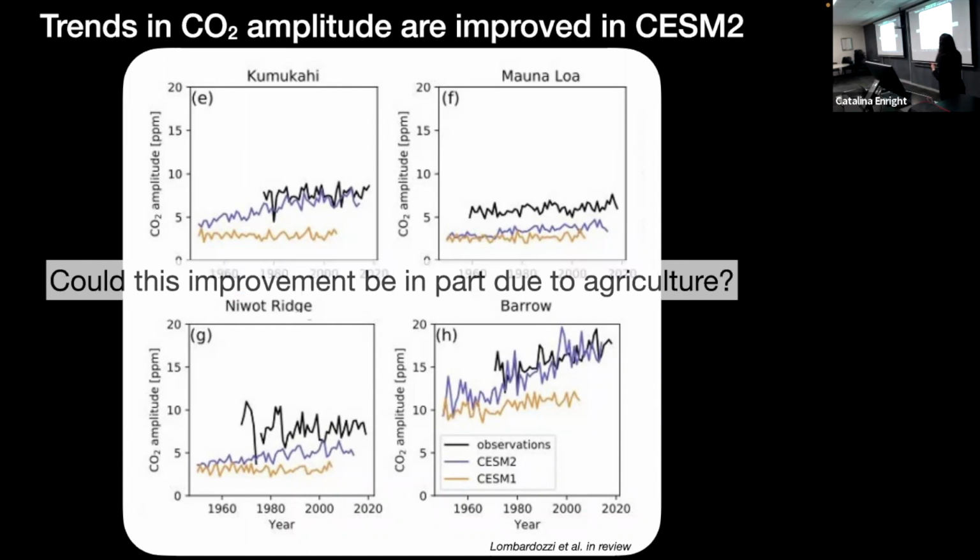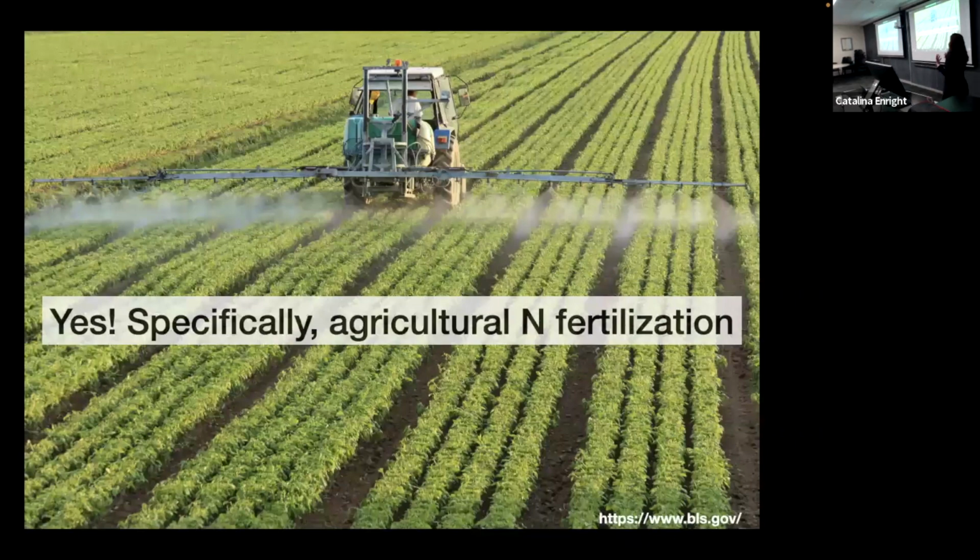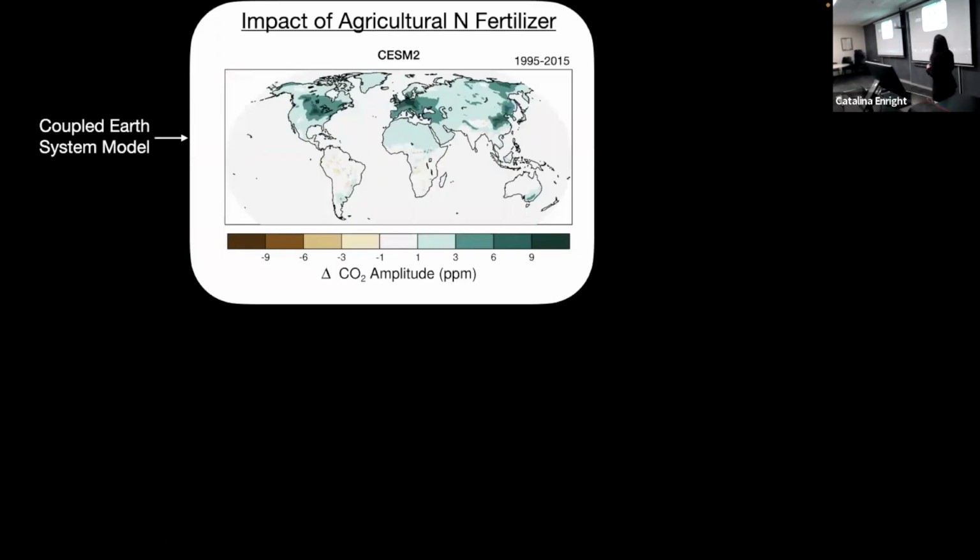So I wanted to know, could this improvement be in part due to agriculture? And what I found is that the answer is yes, specifically agricultural fertilization. I will show you next the impact that agricultural nitrogen fertilization has on this carbon dioxide amplitude.